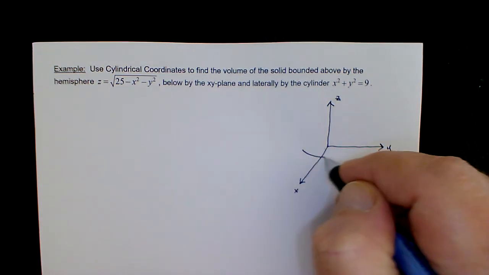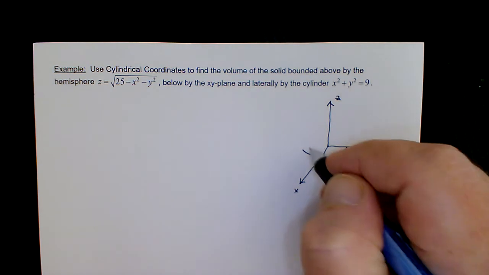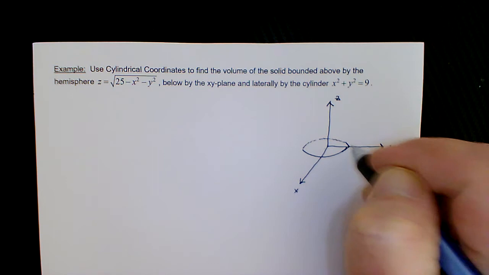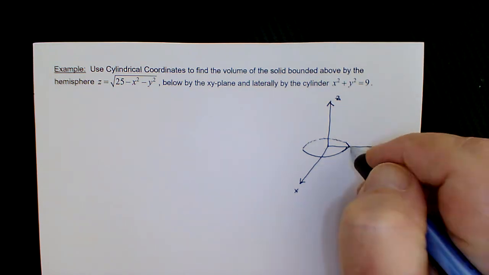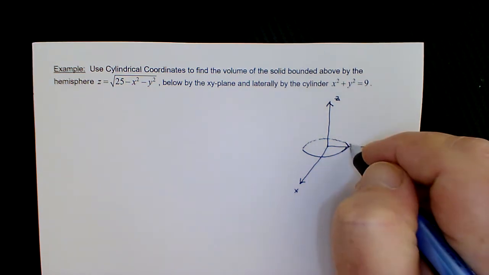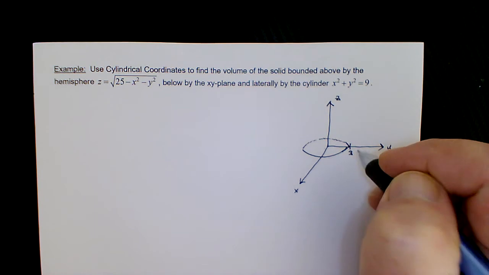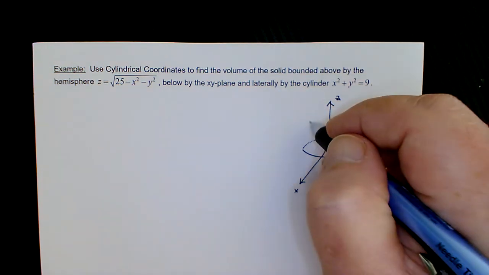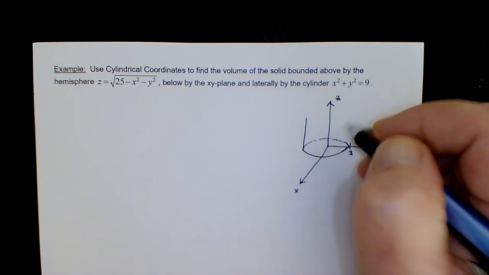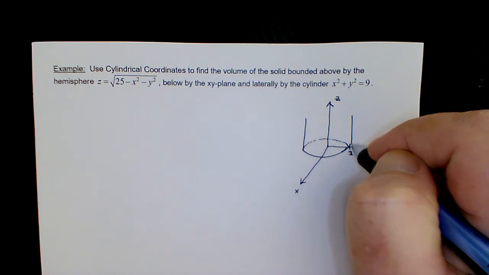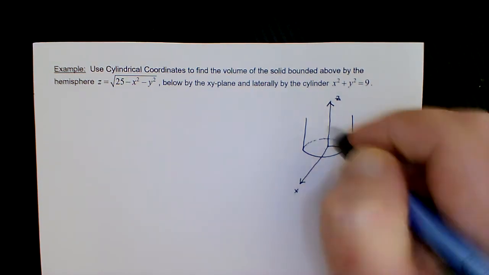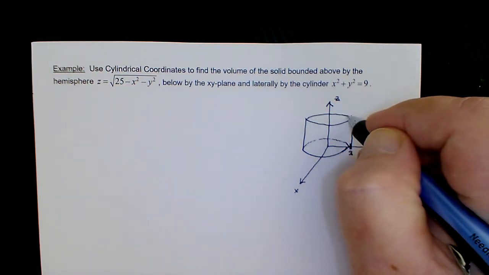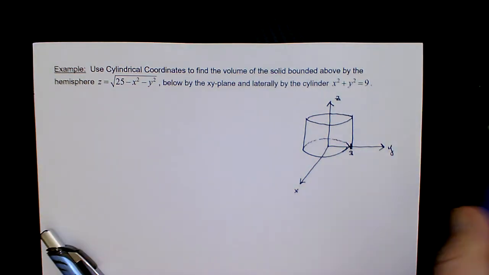So let's draw the cylinder shape. So here's a circular base. Notice the radius of the cylinder is 3. And we'll extend that above. Doesn't have to be to scale or anything, but so there's my cylinder.